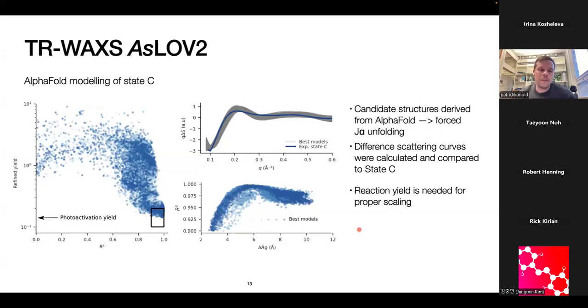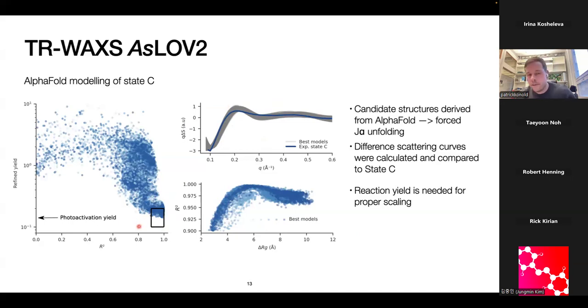Among these structures, we calculated scattering curves using a dart structure. This was also generated from AlphaFold. And you see on the left, we compare these candidate structures to the experimental data itself.